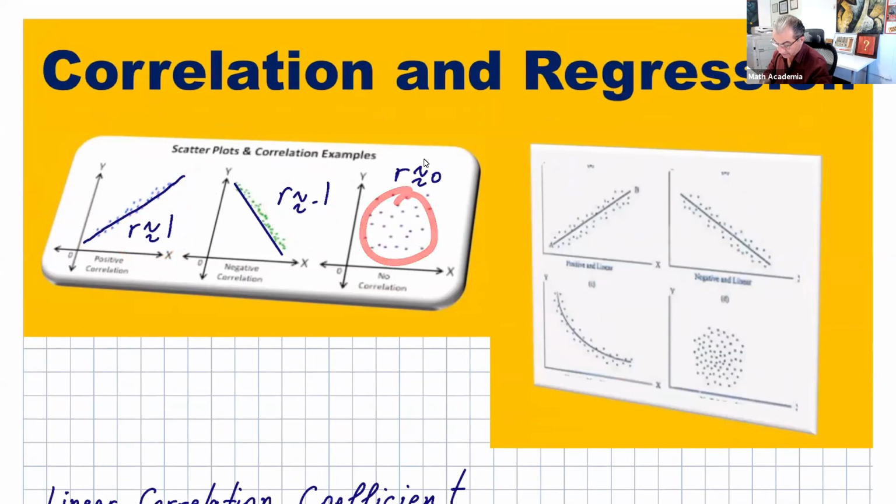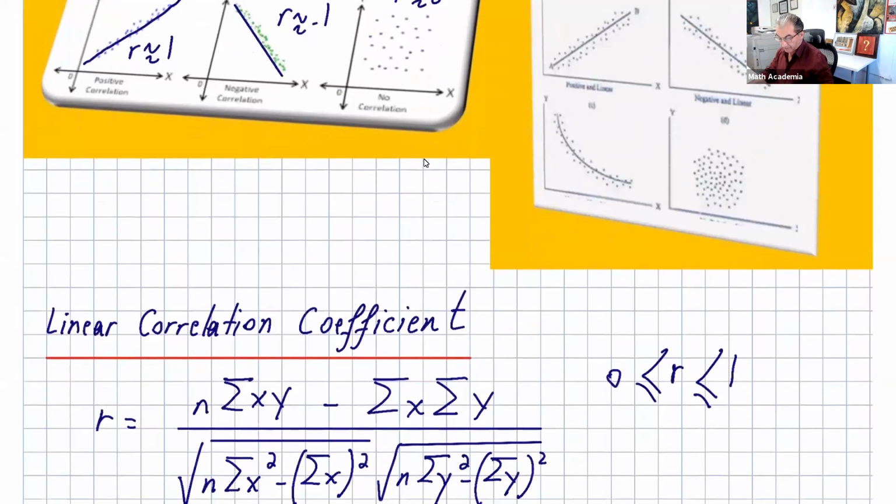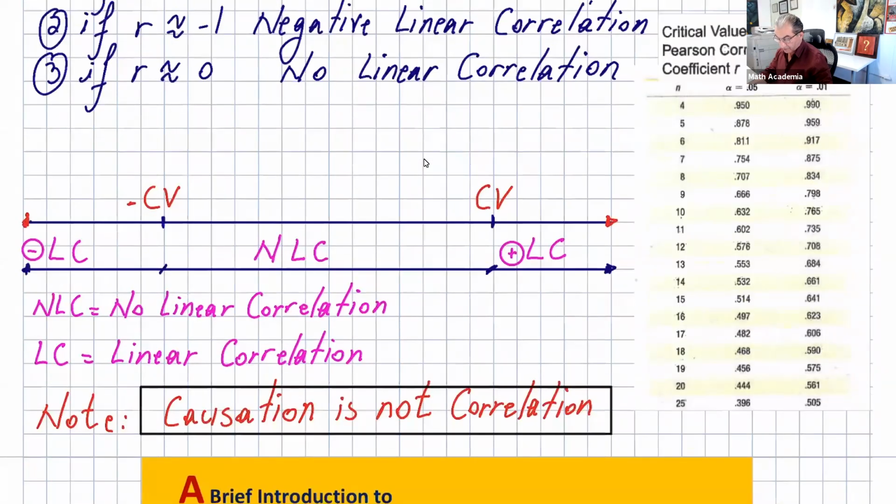Third case, no linear correlation, so R is almost equal to 0. And the next interesting case is here to look at. There is a correlation, but that correlation is not linear because it's not a straight line. So again, in this lecture, we're going to be dealing only with linear correlation.